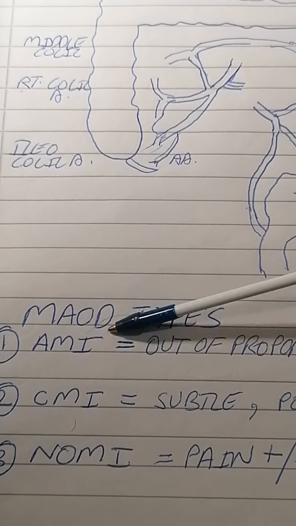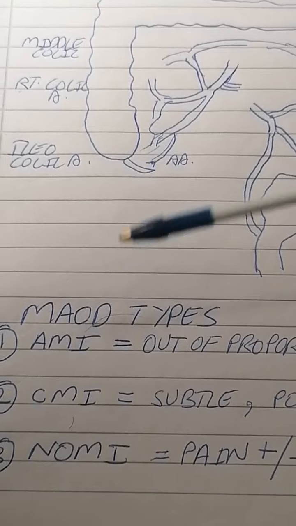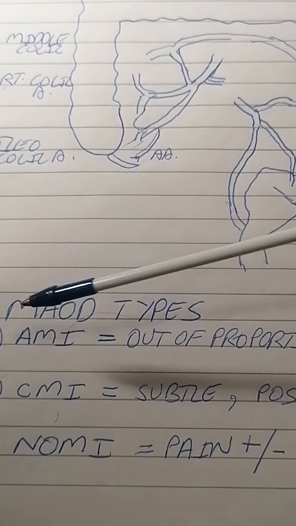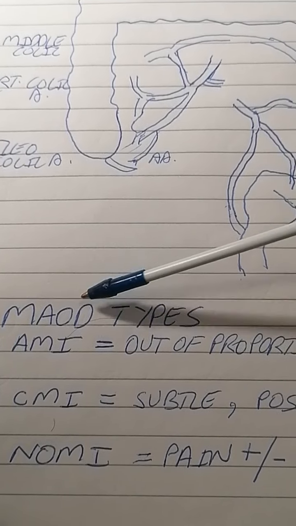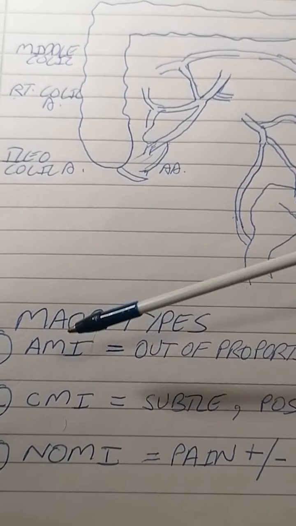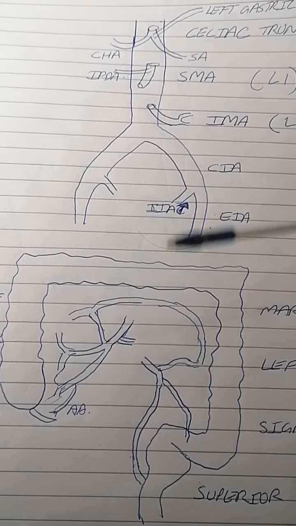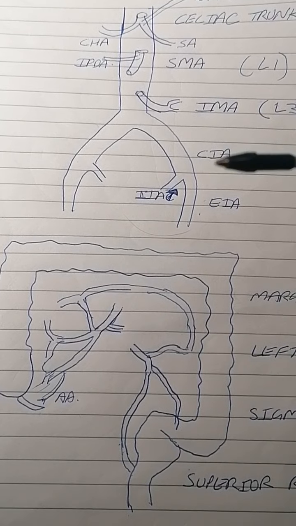These are the 3 types of mesenteric arterial occlusive disease. In acute mesenteric ischemia, it can be either embolic or thrombotic.